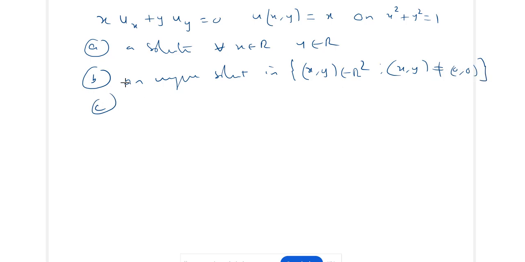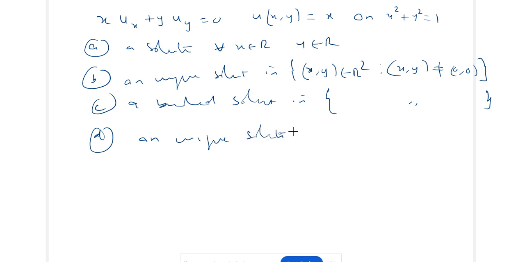Option C is a bounded solution in the same set, and option D is a unique solution in the same set but the solution is unbounded.